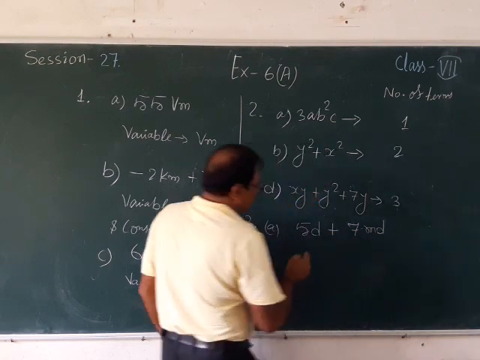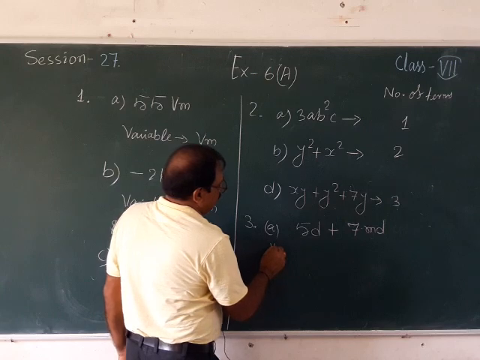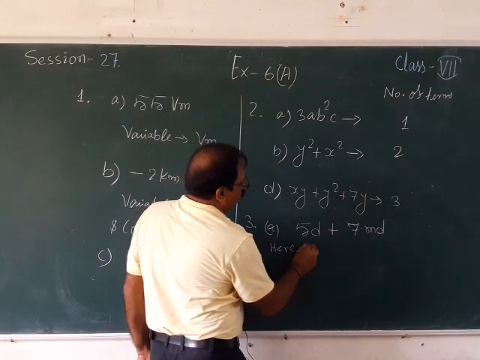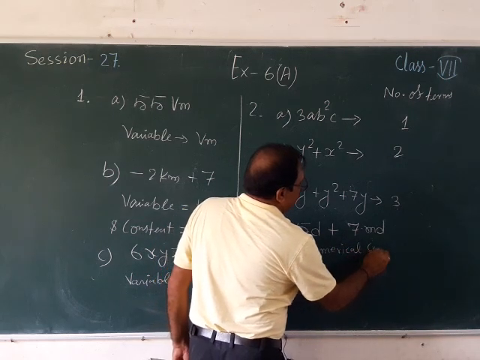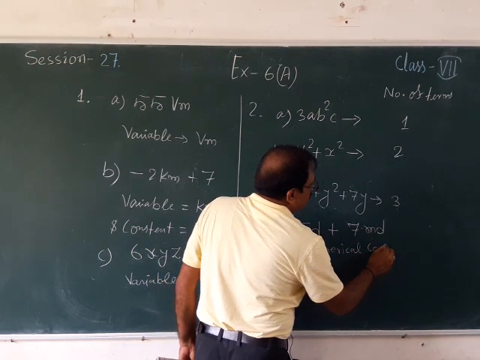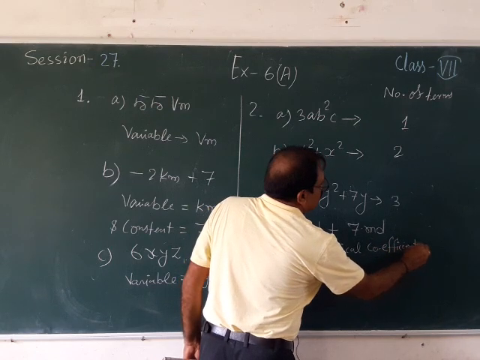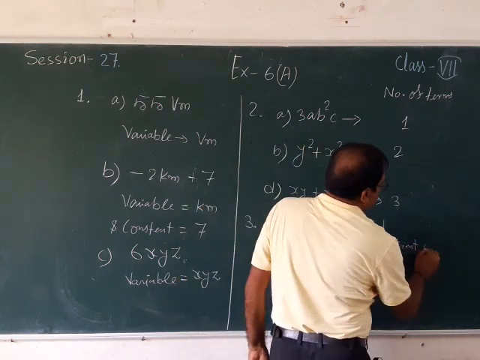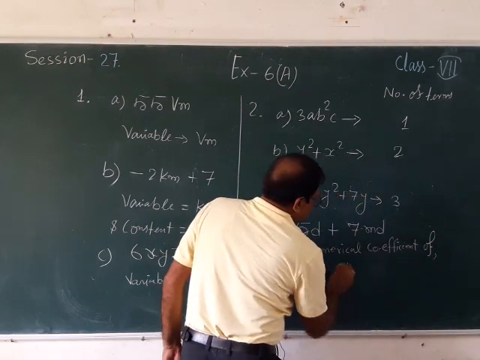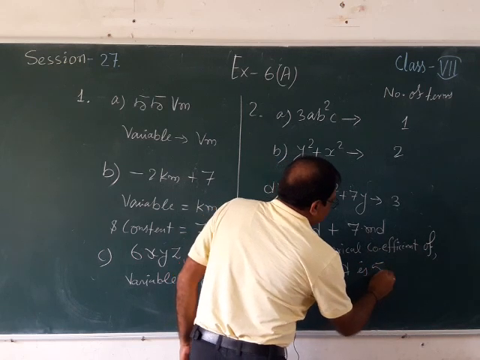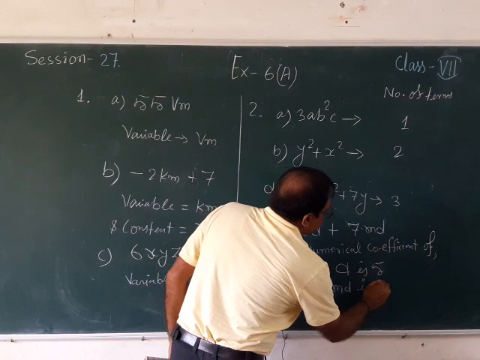So what are the numerical coefficients? The numerical coefficient of d is 5, and of md is 7.